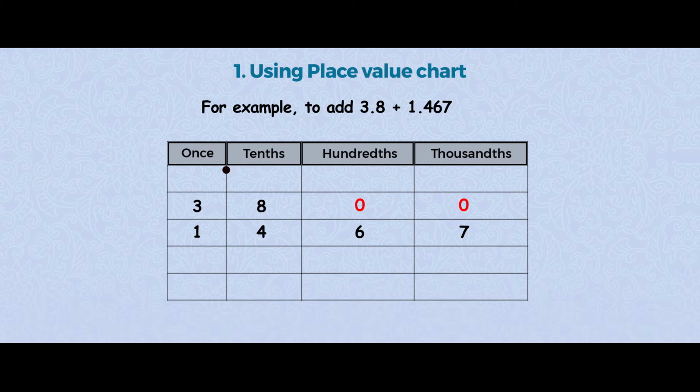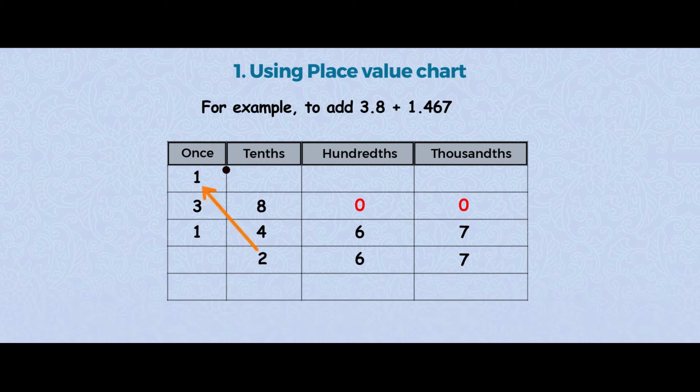Now add from the thousandth. 0 plus 7 gives you 7. 0 plus 6 gives you 6. 8 plus 4 in the tenth column gives you 12. Again, 2-digit number. Now keep 2 tenth in the column, and then 1, or 10 tenth, take to the ones column.